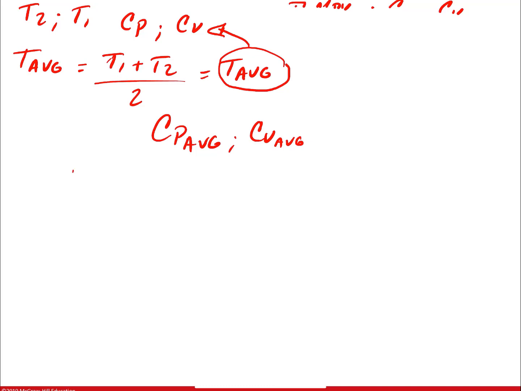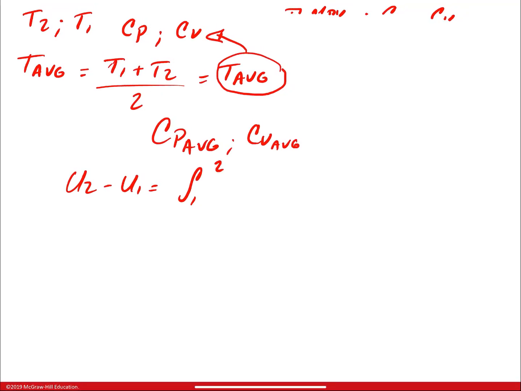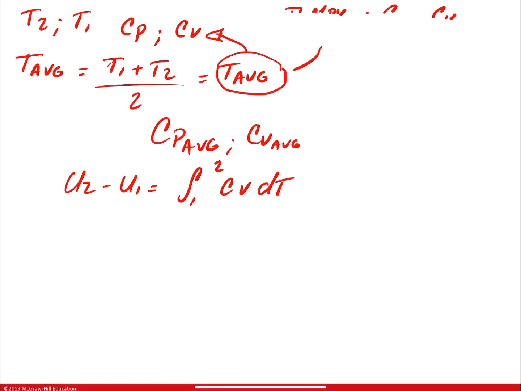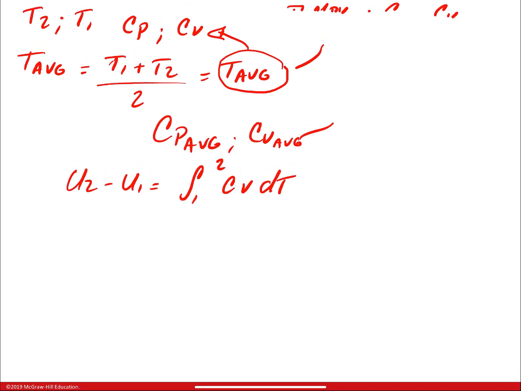We just learned that U2 minus U1 equals the integral from 1 to 2 of CV dt. If you find your T average, then you find your CV average, which is a constant, and you can take this one out of the integral and then plug it right here. You will get U2 minus U1 equals CV that multiplies the integral from 1 to 2 of dt.